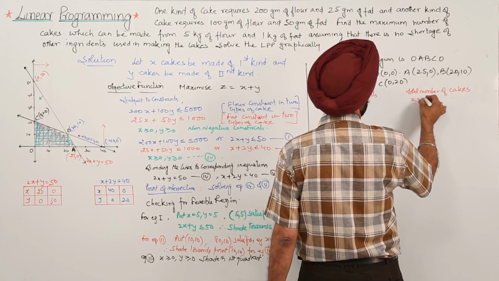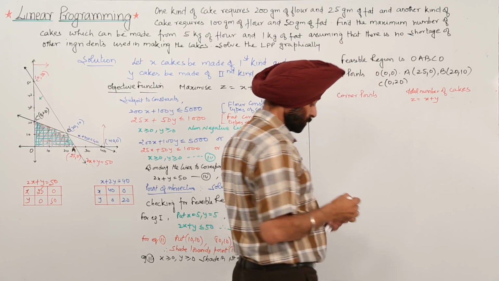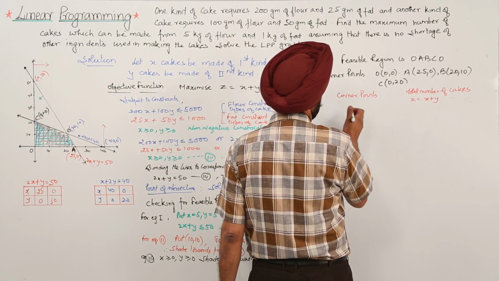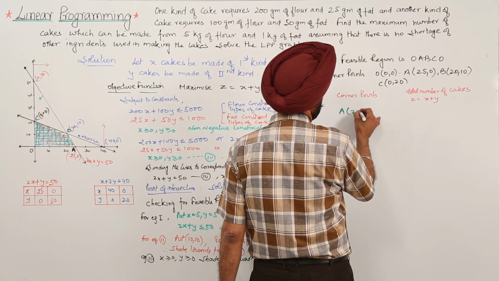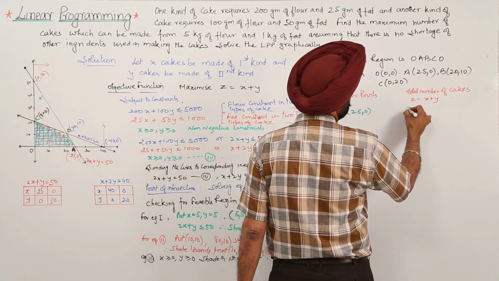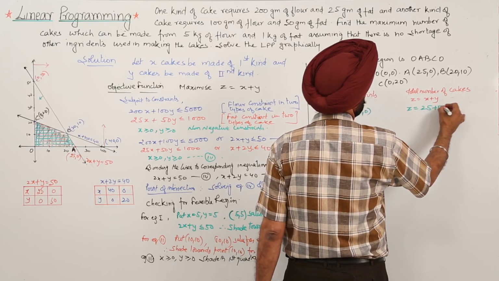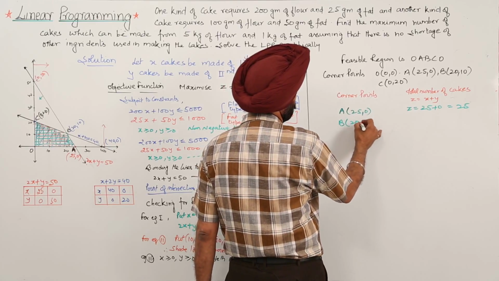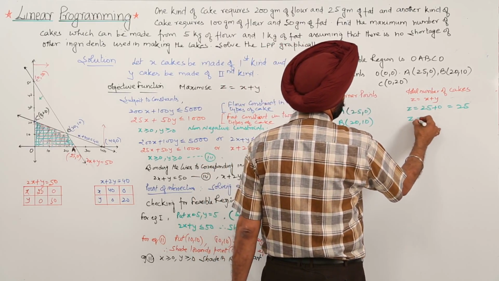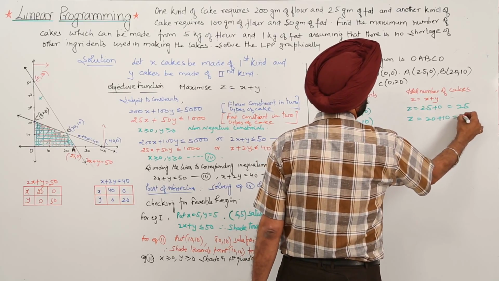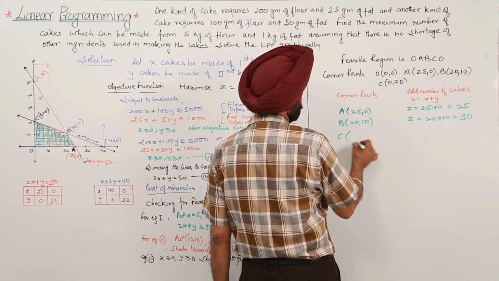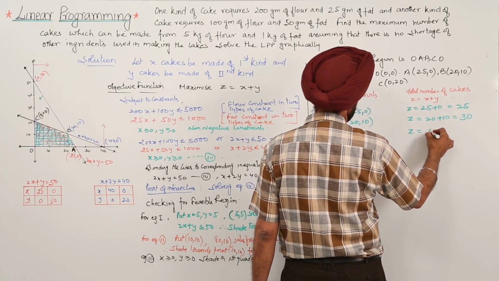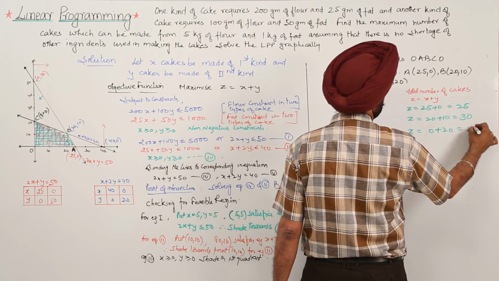The total number of cakes is z is equal to x plus y. Now A is 25, 0, so z is equal to 25 plus 0 is equal to 25. Then B, 20, 10, z is equal to 20 plus 10 is equal to 30. C, 0, 20, z is equal to 0 plus 20 is equal to 20.